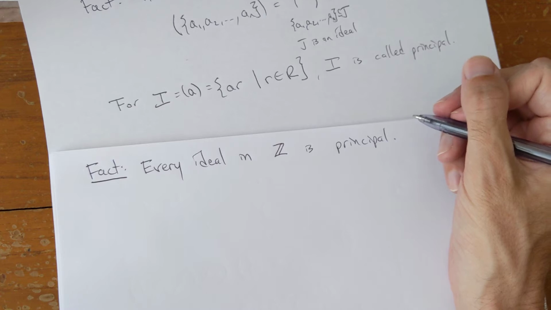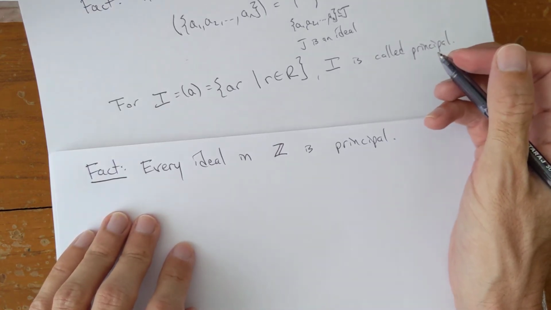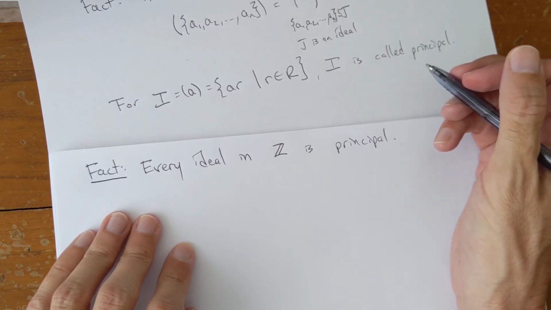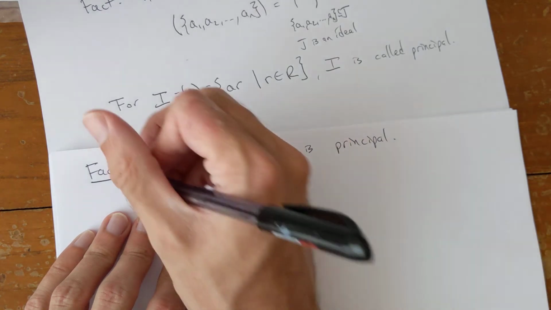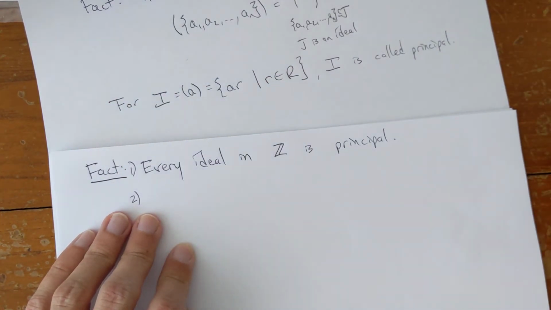And we'll talk a little bit more about that fact later, so I'm not going to prove that right now. But the idea of the proof is that you use the division algorithm. In fact, that's the crucial element. Okay.